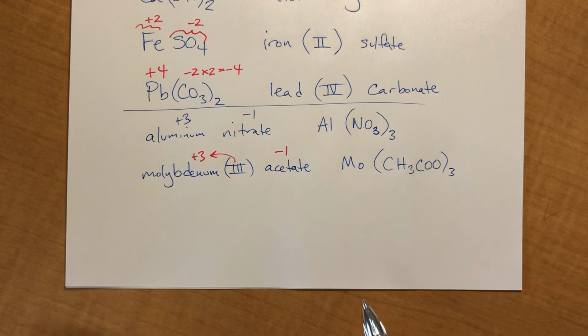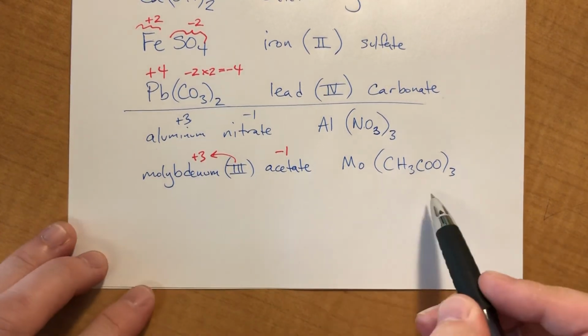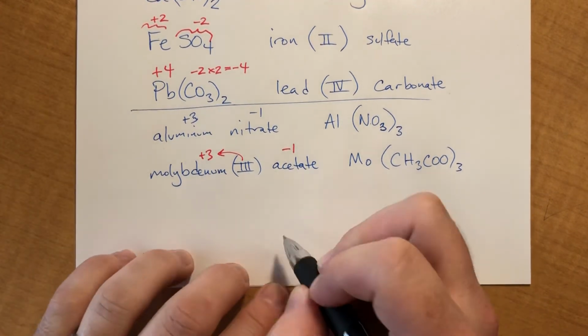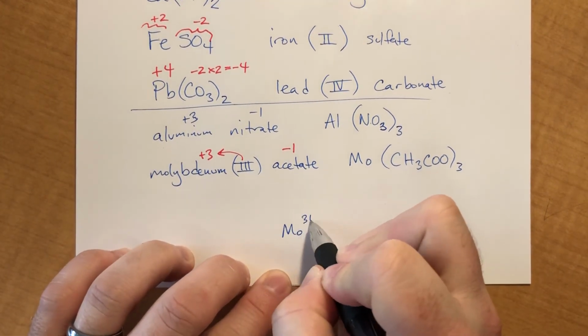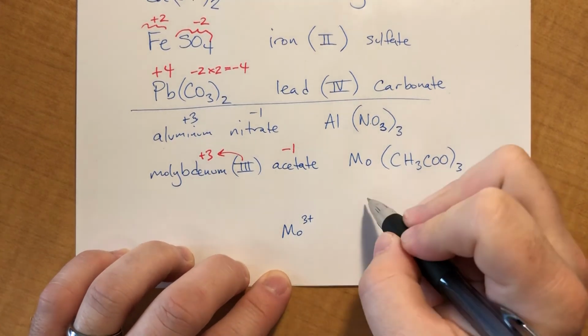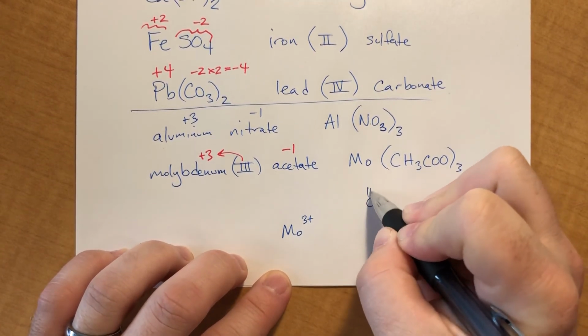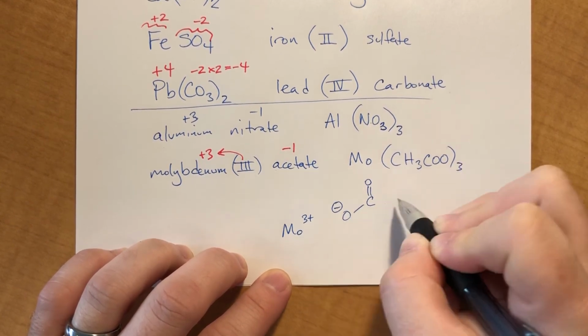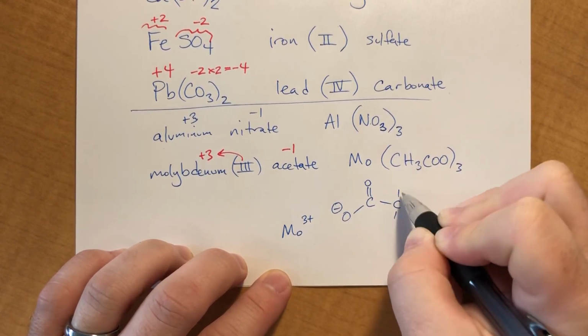I'm going to actually draw what this looks like so you can see how, as much as this sounds complicated, this is actually the simplified version. So molybdenum would have a 3+ charge, and acetate is a complicated looking molecule. It has a double bonded oxygen there, then an oxygen with a negative charge, and then a carbon with 3 hydrogens sticking off.